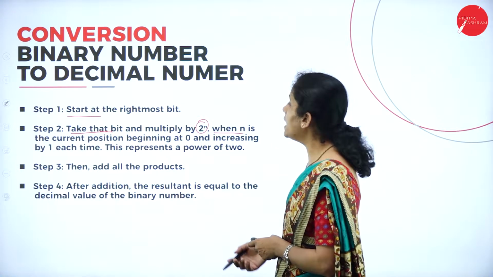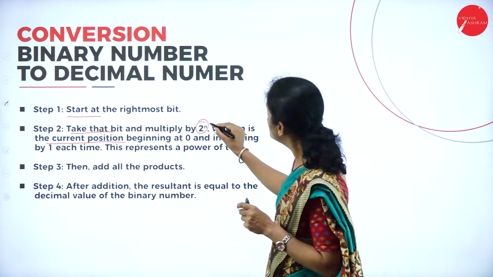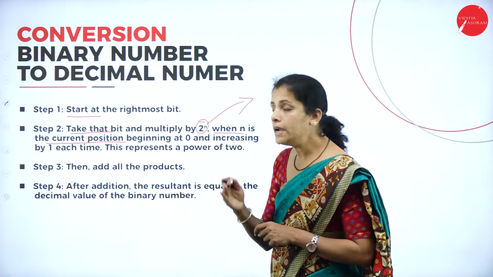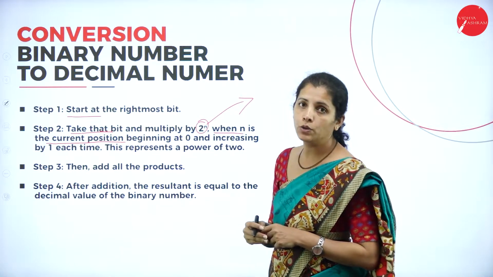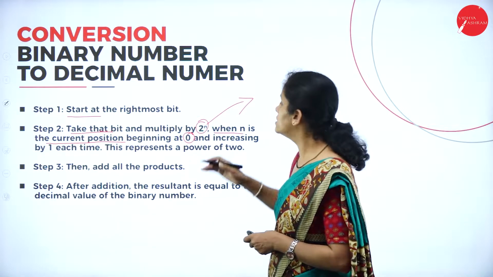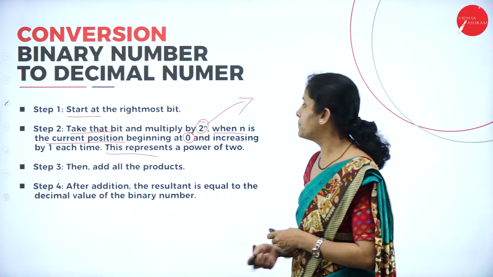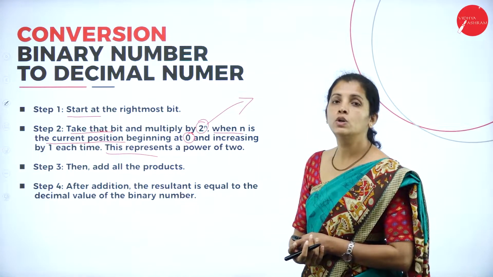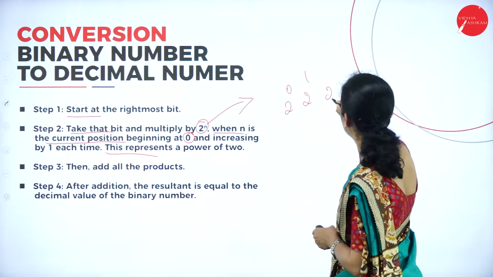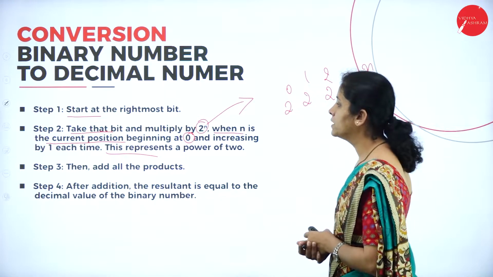So n is used to specify the current bit position. Usually the bit position starts from 0 and increases each time, and this is represented as power of 2. So 2 to the power 0, 2 to the power 1, 2 to the power 2, up to 2 to the power n.